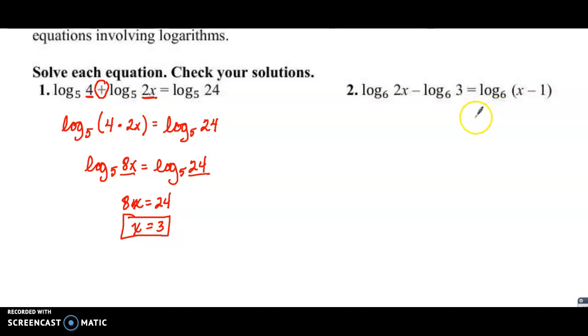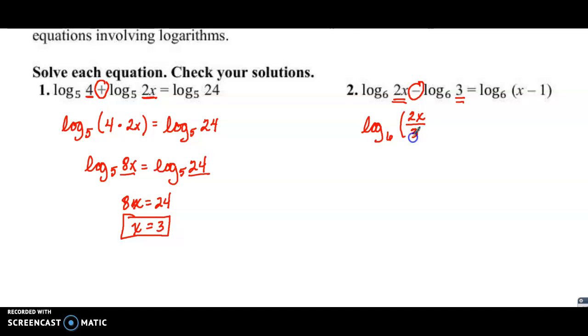Okay, very similar over here. It looks a little bit bigger because there are more letters all over the place, but the first thing I see is that I have a log base 6 and a log base 6, and I'm subtracting them. When that happens and it's subtraction, we know we're going to use our quotient rule, because with exponents, subtraction means divide. So we're going to write it as one single log base 6, and I'm going to take the a part and the b part and make it into a fraction.